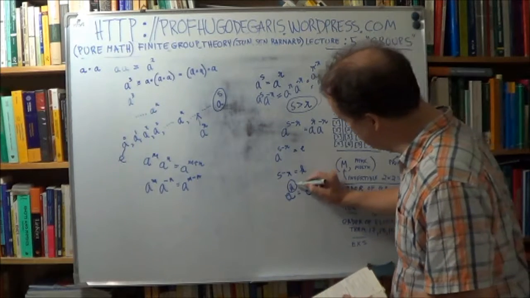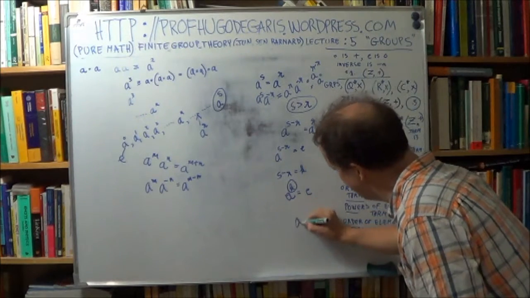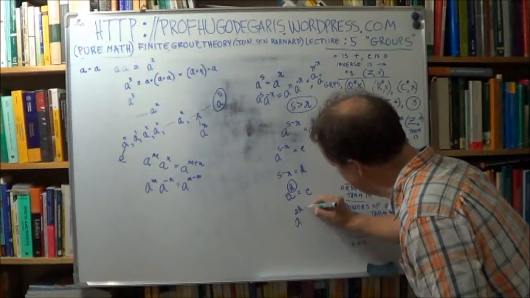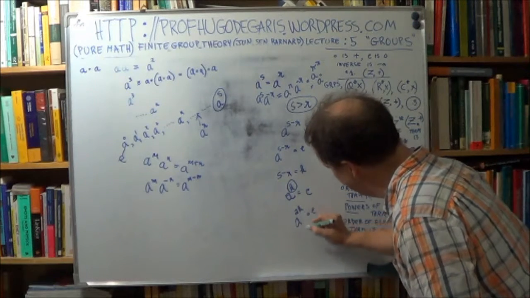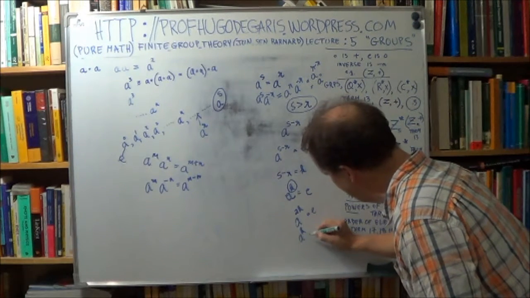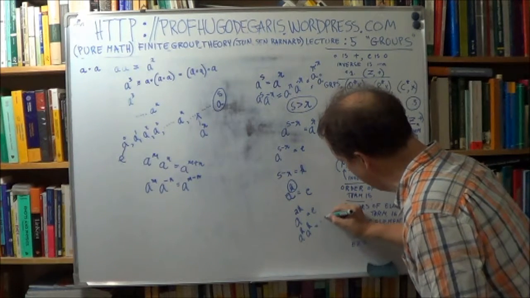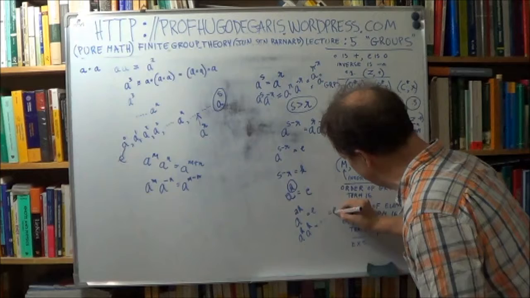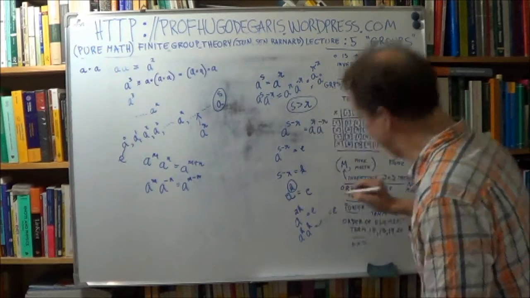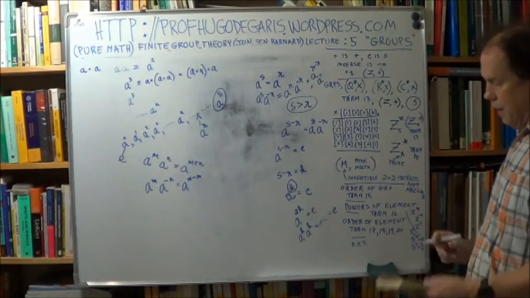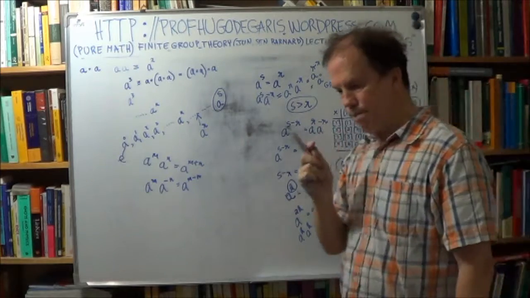Now you could have A to the 2k. That's still E. Why? Because A to the 2k is just A to the k times A to the k, and that's EE, which is E.